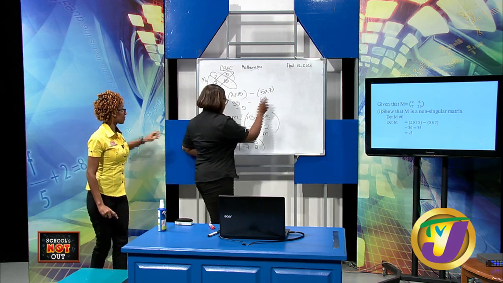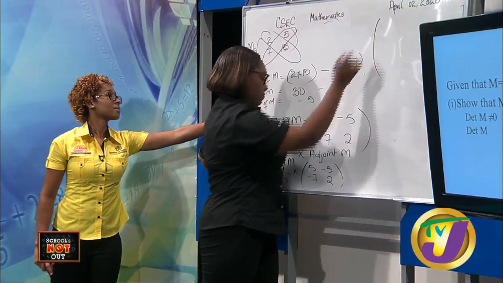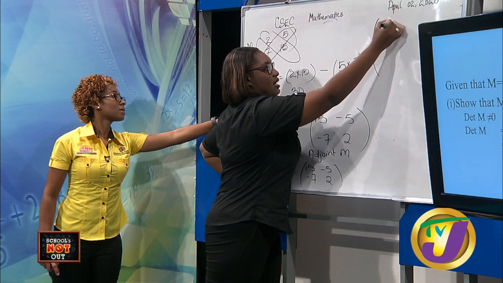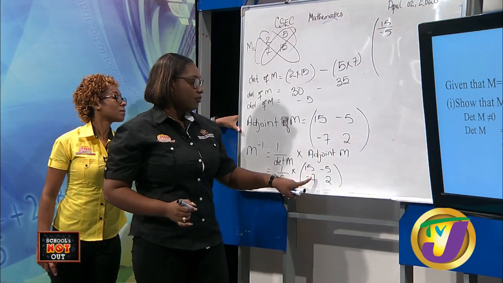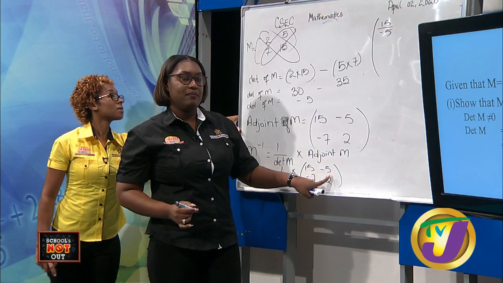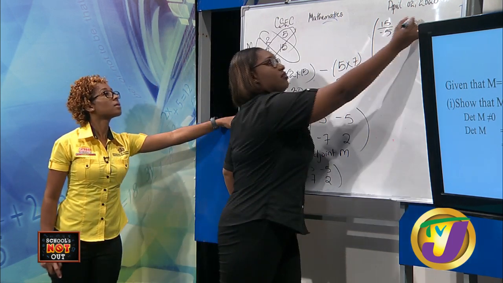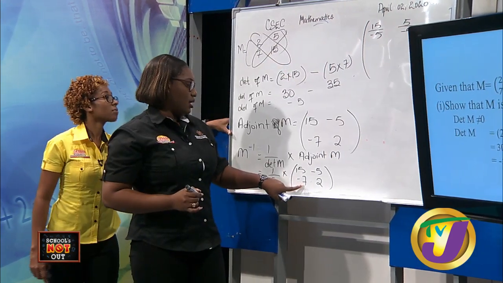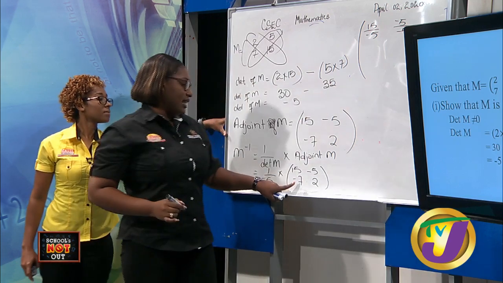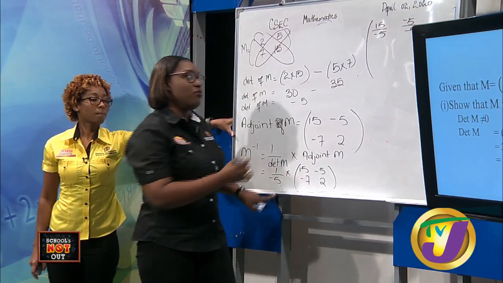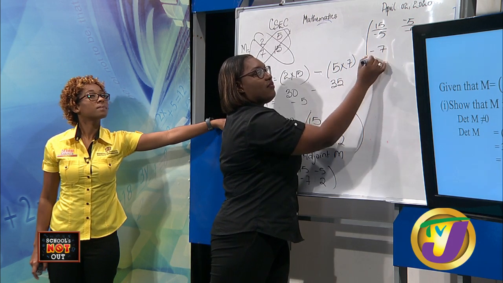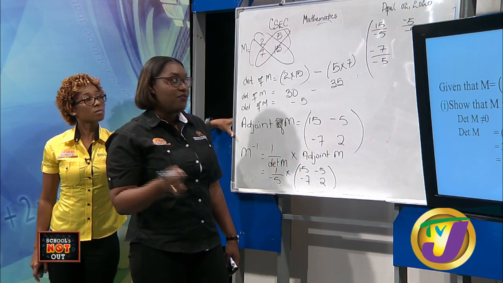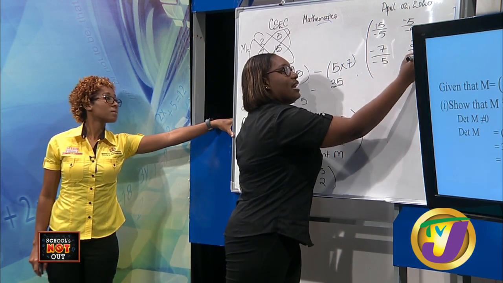So let's go. It's going to be 15 multiplied by -1/5, so 15 divided by -5. Then 5 multiplied by -1/5, which is 5 divided by -5. Then -7 multiplied by -1/5, which is -7 divided by -5. And 2 multiplied by -1/5, which is 2 divided by -5.